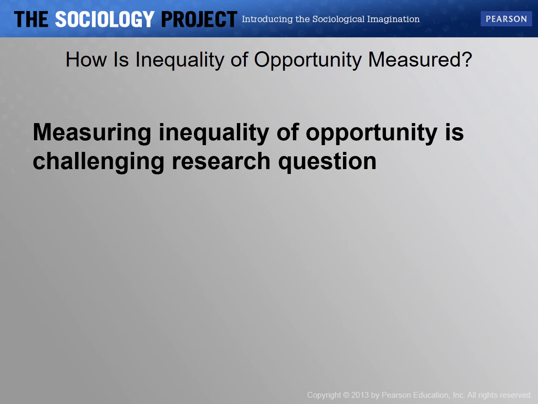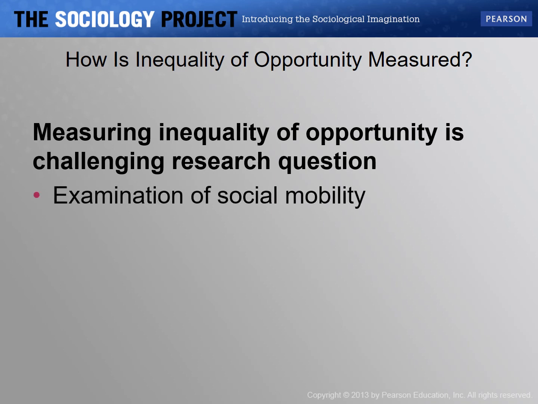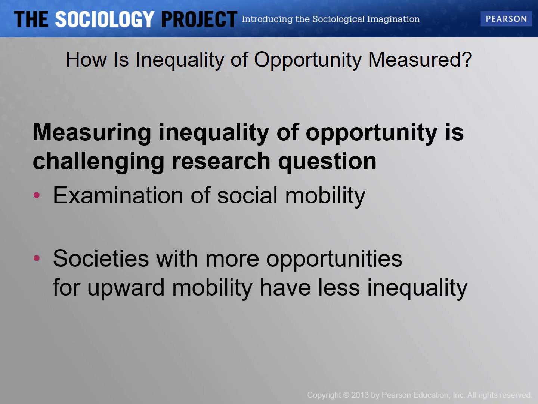So this means giving people an opportunity to succeed in life. One of the ways people do that is by moving, social mobility, going from one class to another. Typically it goes from low and middle class to upper class. Generally it doesn't go downward. Societies with more opportunities for upward mobility have less inequality.